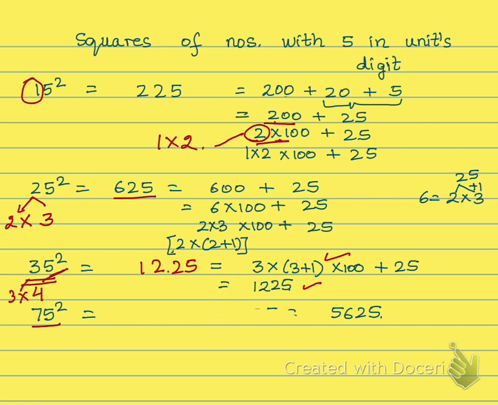Okay, so I get here 7 times 8 into 100 plus, of course, 5 square is 25. So I get here 5625. Don't forget the BODMAS rules. You have to multiply first and then followed by addition.